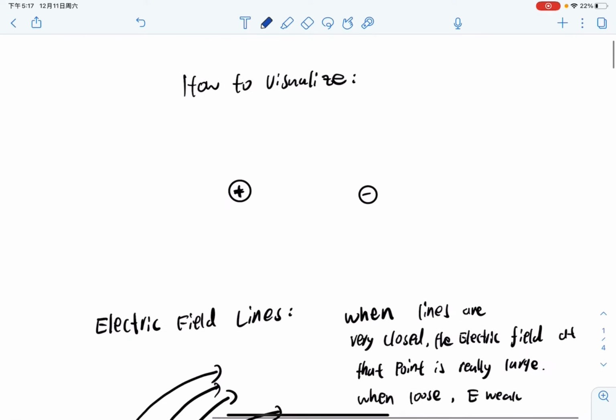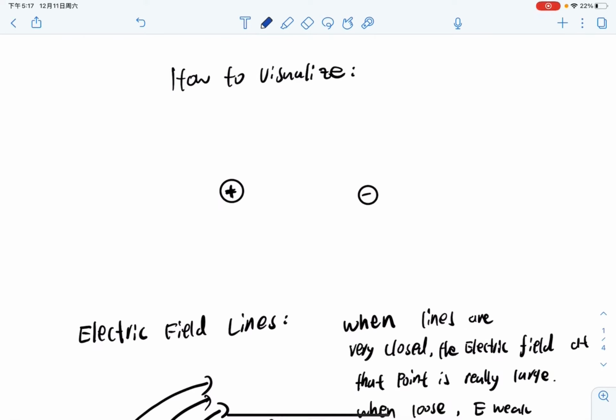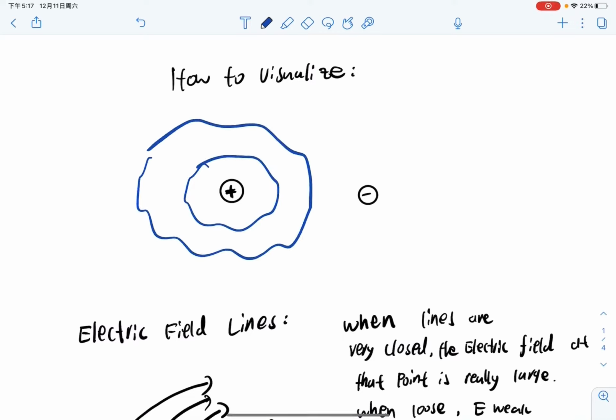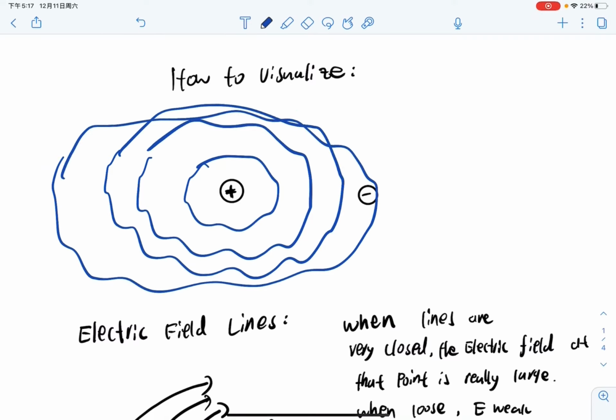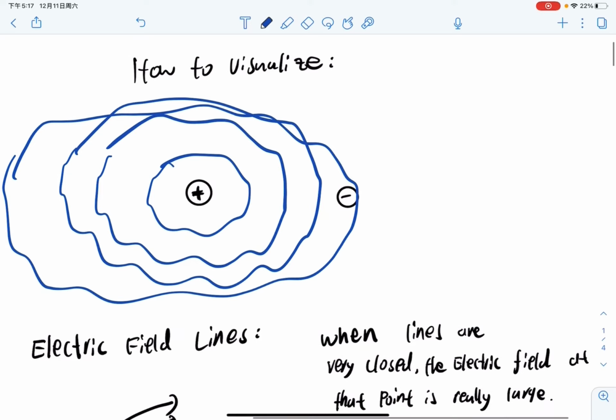To visualize it, you can picture the electric field as a water-like material that is expanding, and eventually it reaches the negative charged particle. In this case, it will attract, and the force is in the direction connecting these 2 charged particles.